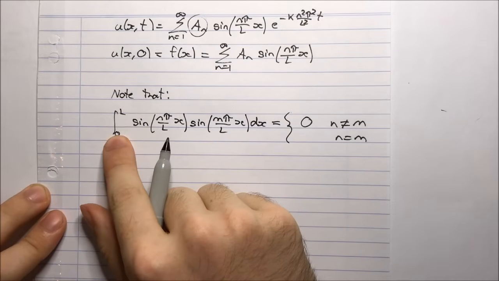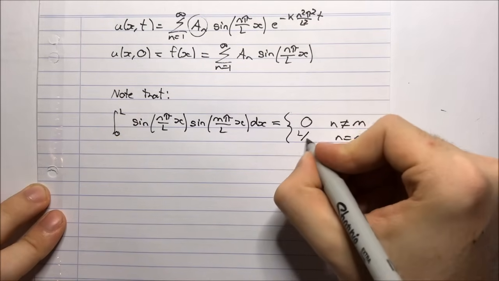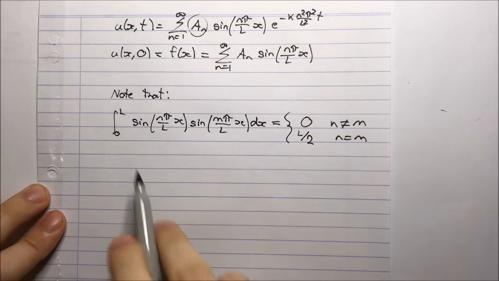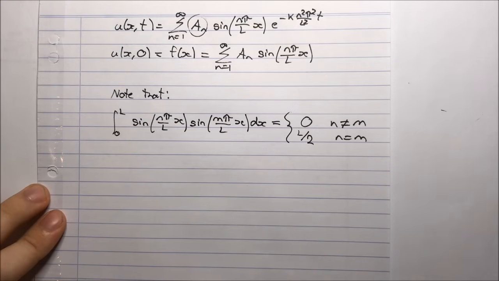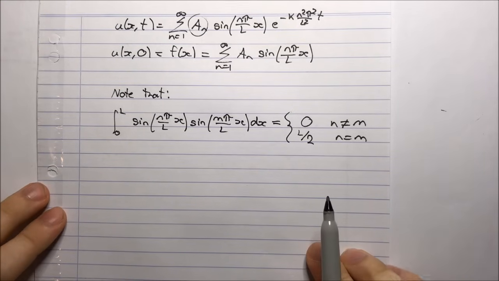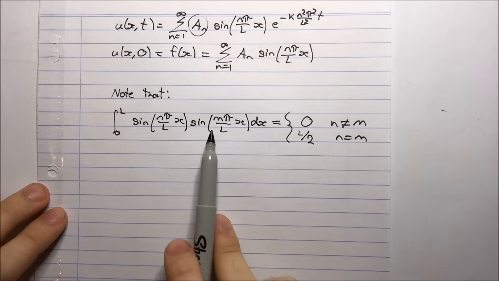So L minus 0, which is L divided by 2. And this is a good exercise for you to work out for yourself, to actually do this integral if you haven't seen it before. A similar one exists for cos.